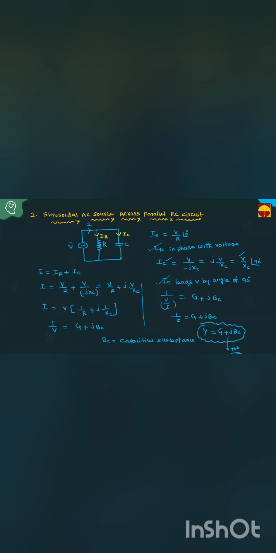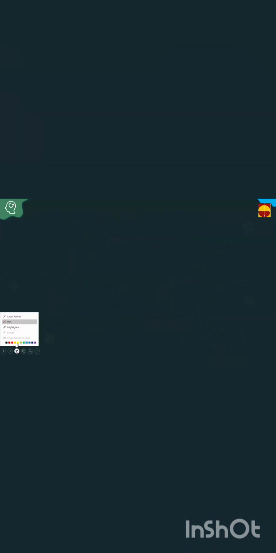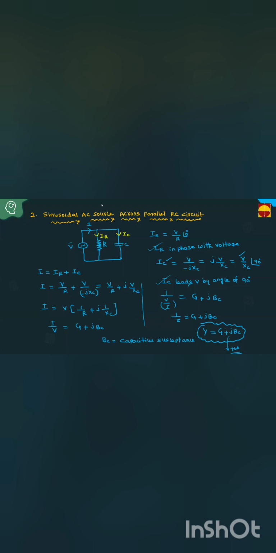Yes, friends. Now I'm drawing the vector diagram for this case. That is the phasor diagram you have to write. In a parallel connection, which is the reference, friends?